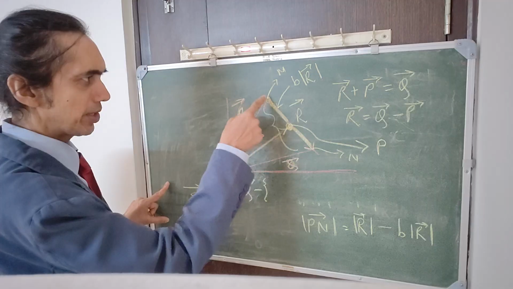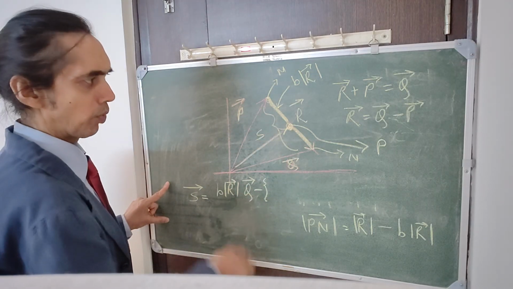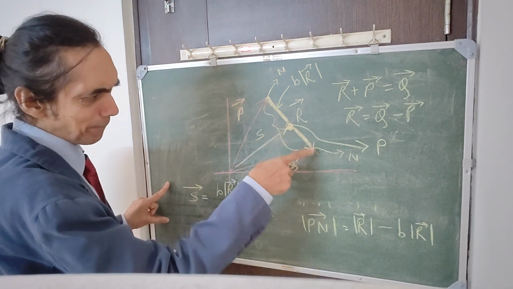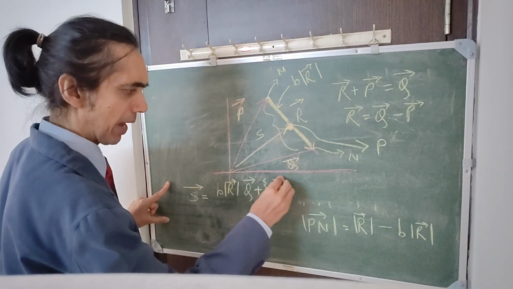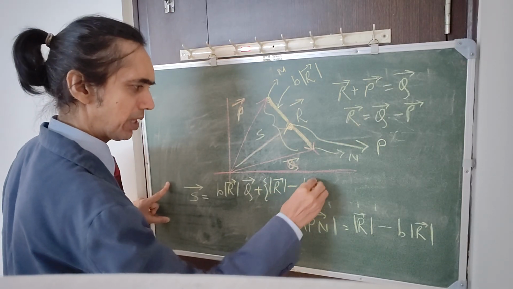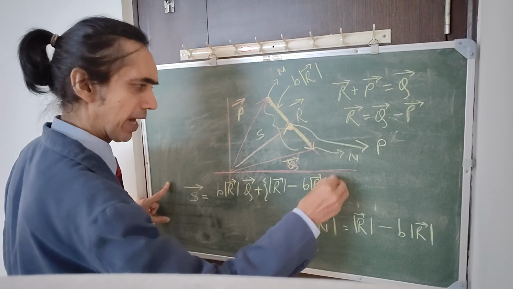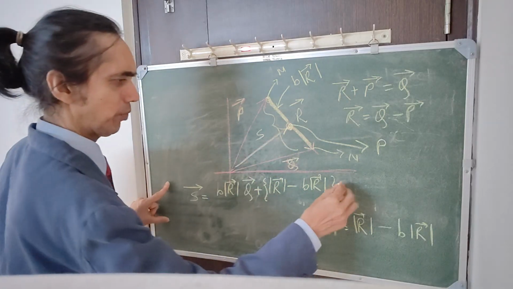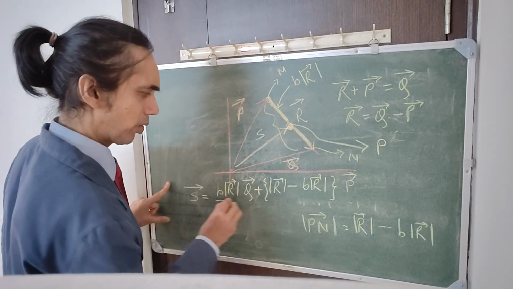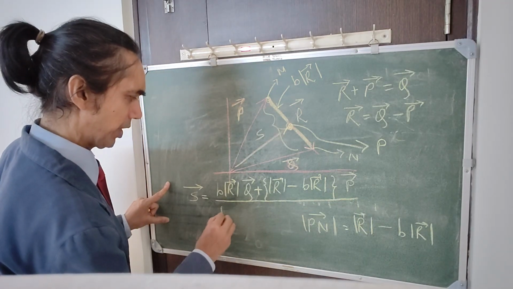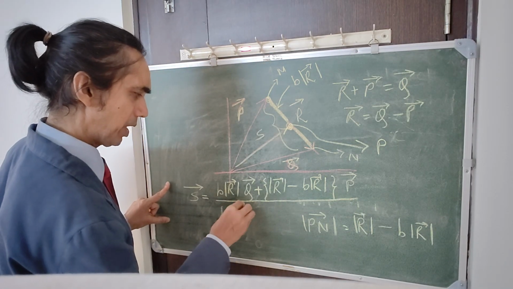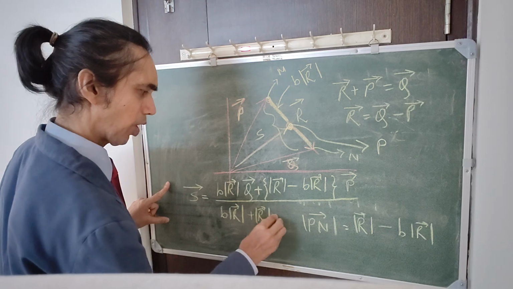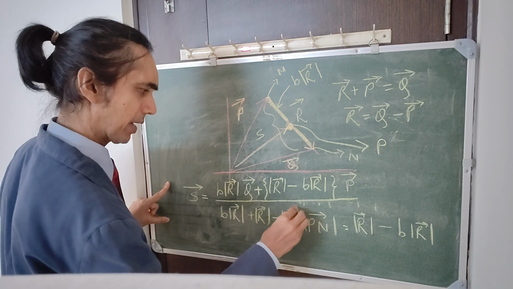First, BR multiplied with Q, and then plus the PN part. PN is the magnitude of R minus the magnitude of BR, which should be multiplied with P. And then we divide it by the total magnitude, which is B into R plus R minus B into R.